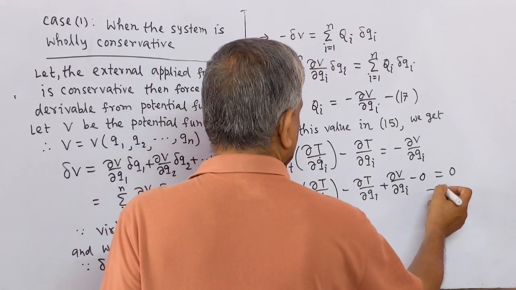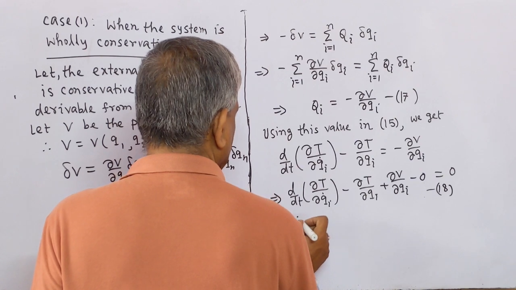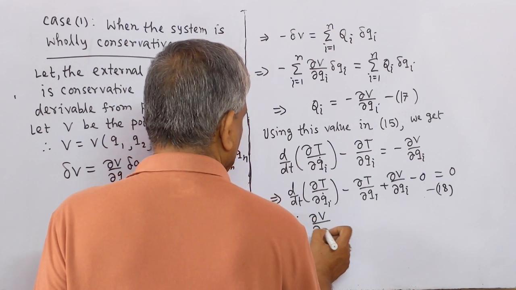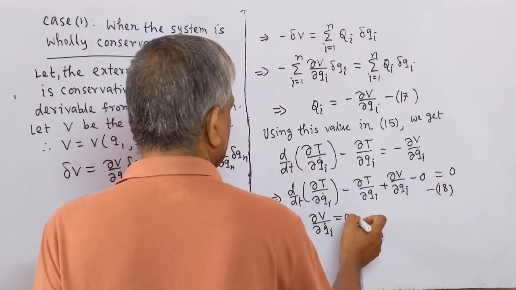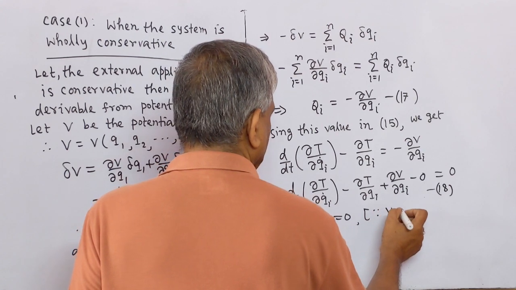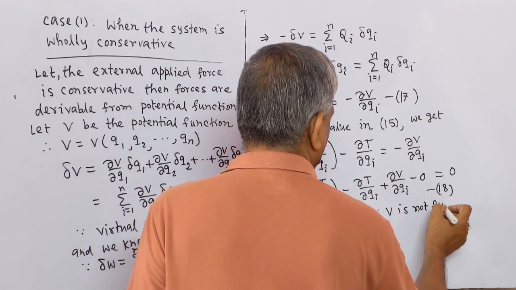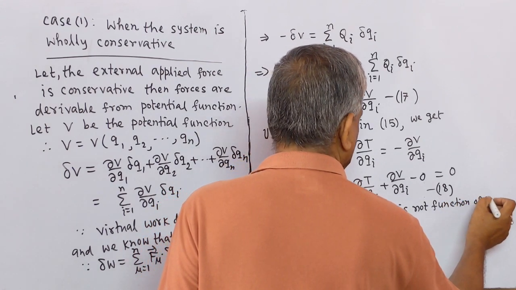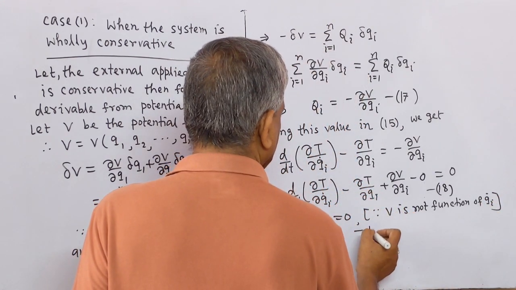Let this be number 18. Since partial derivative of V with respect to qi dot equal to 0, because V is not a function of qi dot. This is number 19.